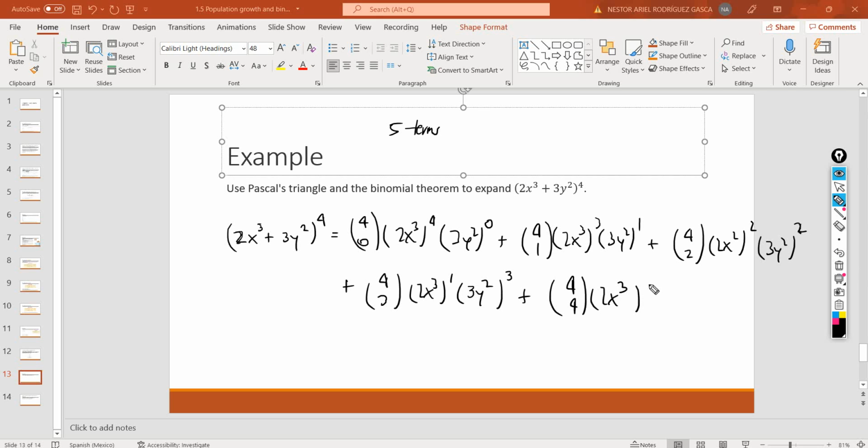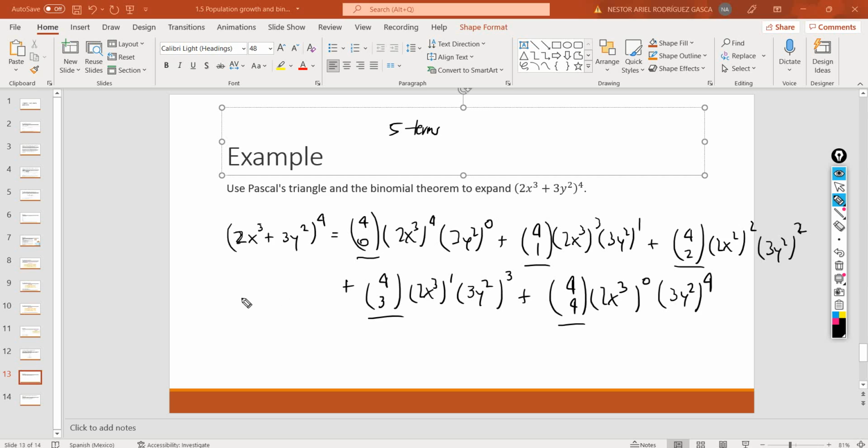So I'm just writing down the formula of the binomial theorem. There you go. It's 5 terms. And now with the use of Pascal's triangle, I can get this number, this number, this number, this number, and this number without the calculator and without the formula for combinations.